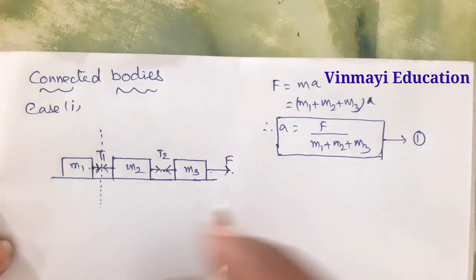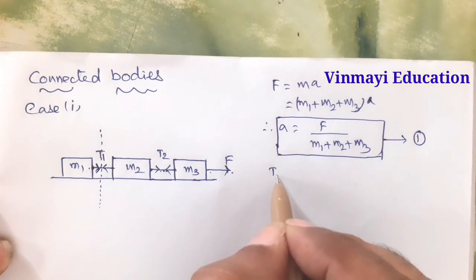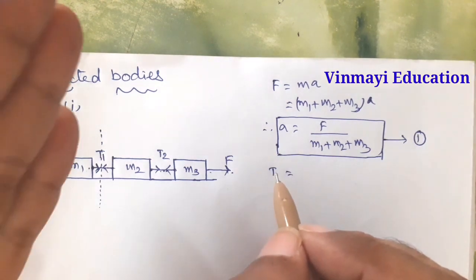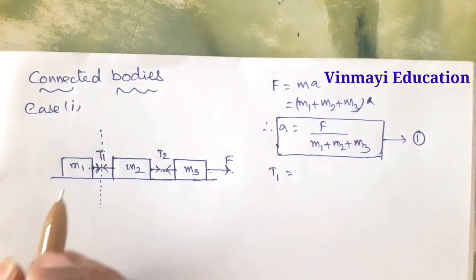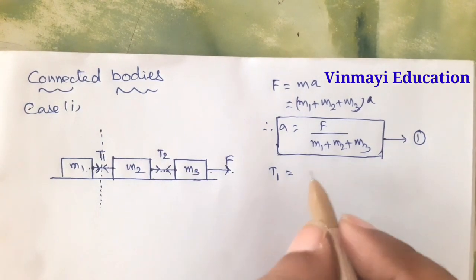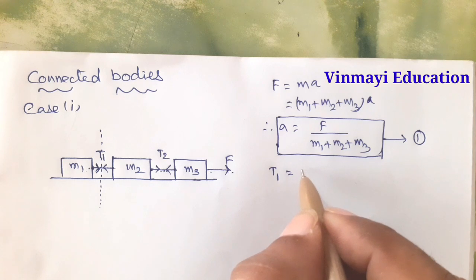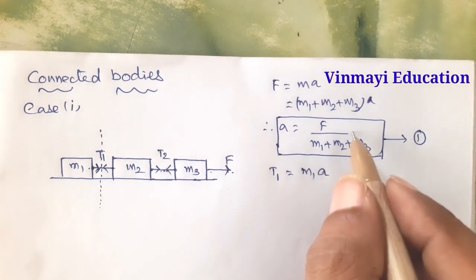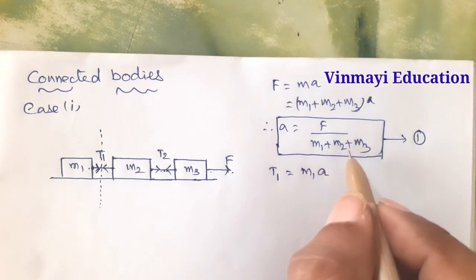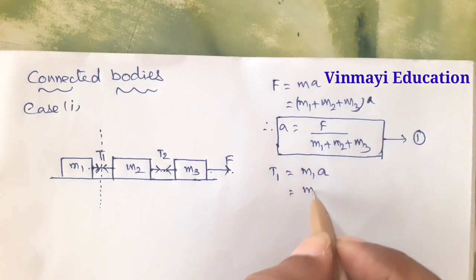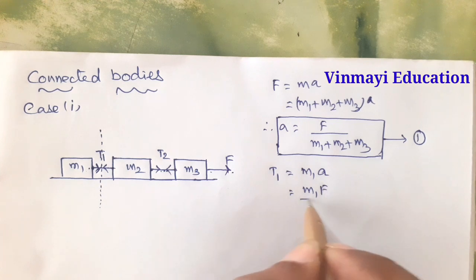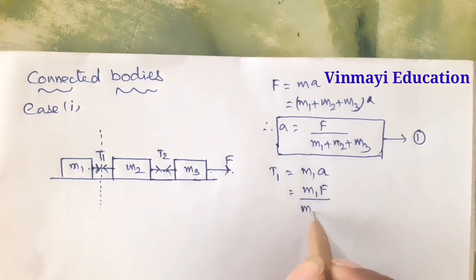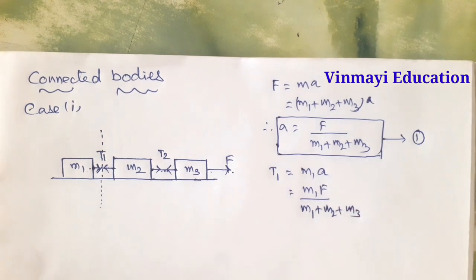The tension can be calculated simply by taking the number of forces on this side. That is nothing but T1 is equal to m1a, and a is F by m1 plus m2 plus m3. Therefore, the resultant tension is m1 F by m1 plus m2 plus m3.